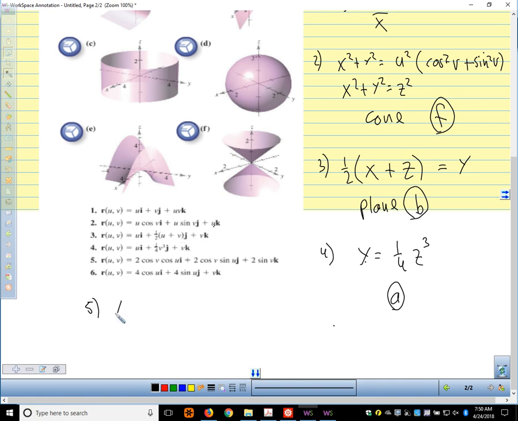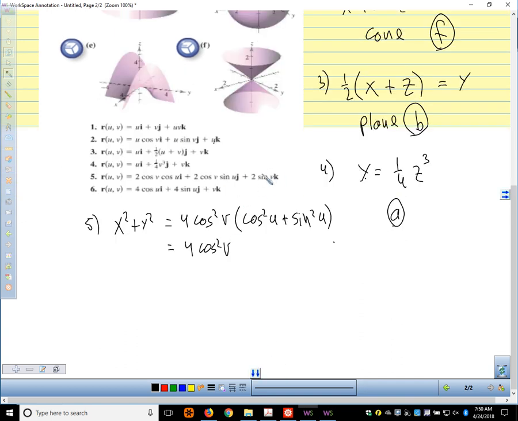x squared plus y squared. I'm going to square both of these. We get a 4 cosine squared v, and I'm going to factor that out of a cosine squared u plus sine squared u. So that just gives us 4 cosine squared v.